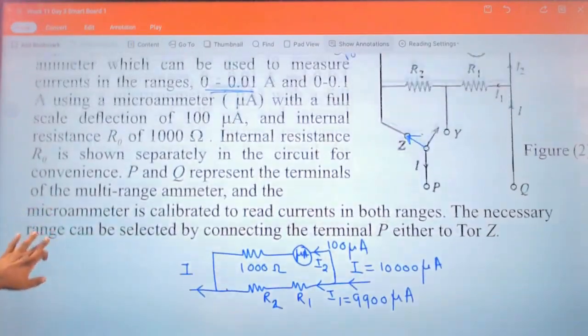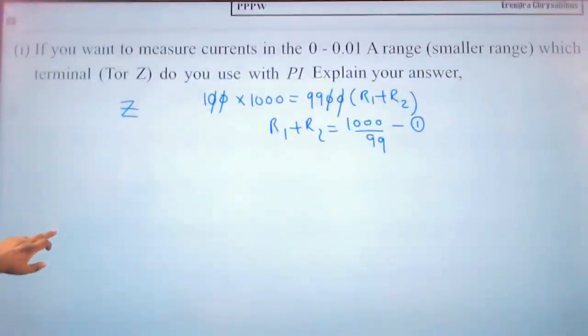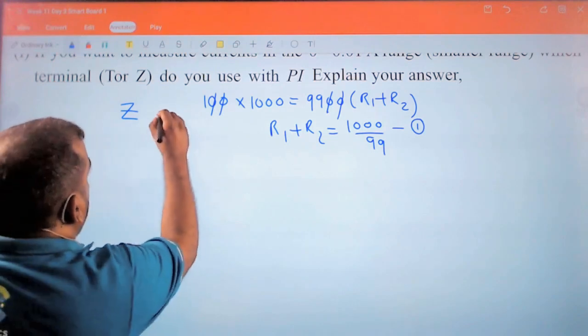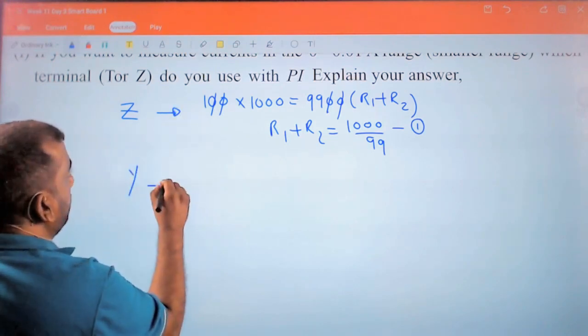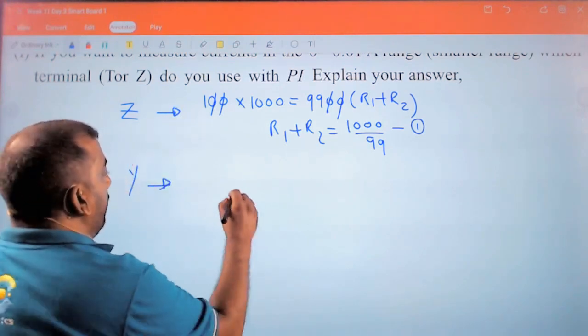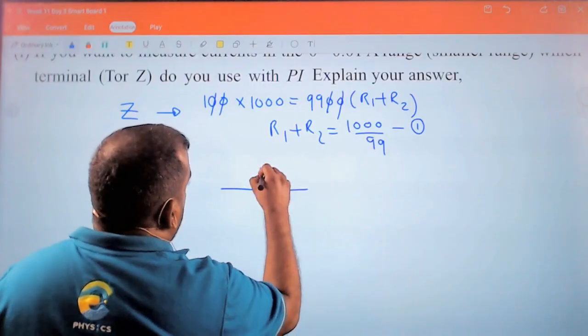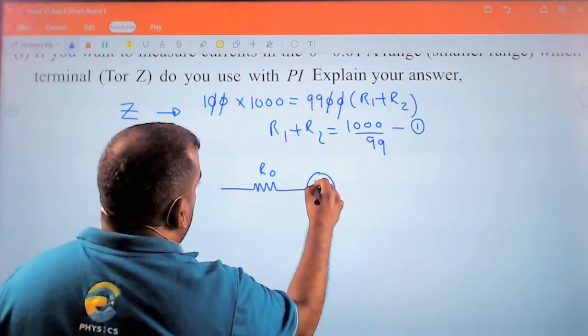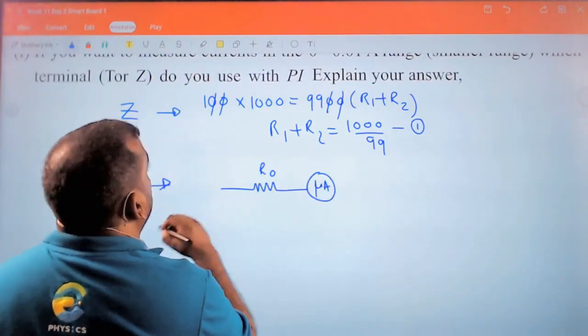Next situation will be connecting it to Y. When I connect it to Y, R0 is here, microammeter.